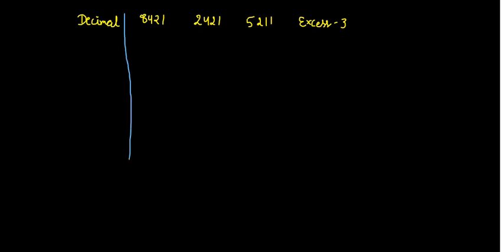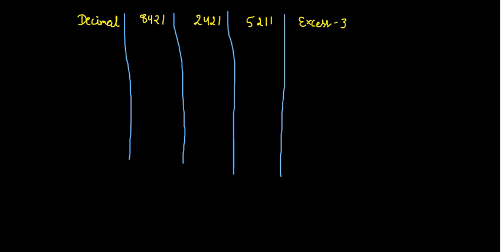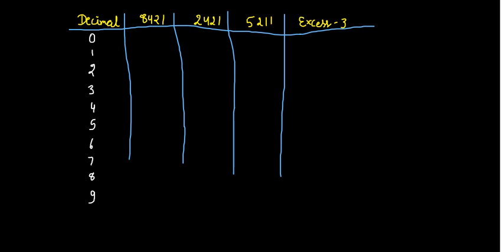Okay. So let's draw a few vertical lines. Okay, now we are ready. So let's take it like this. Let's start with the numbers 0, 1, 2, 3, 4, 5, 6, 7, 8, and finally 9.